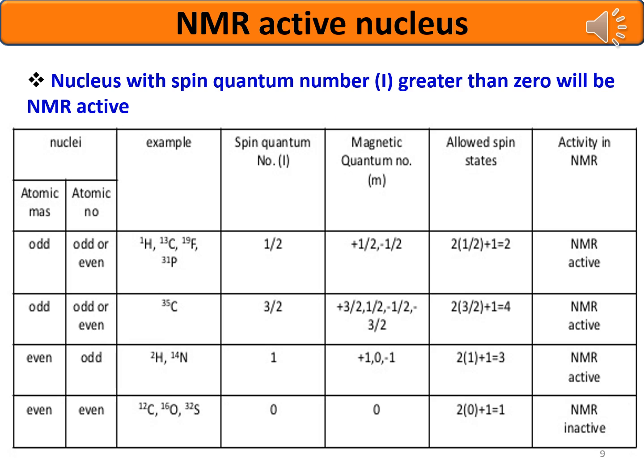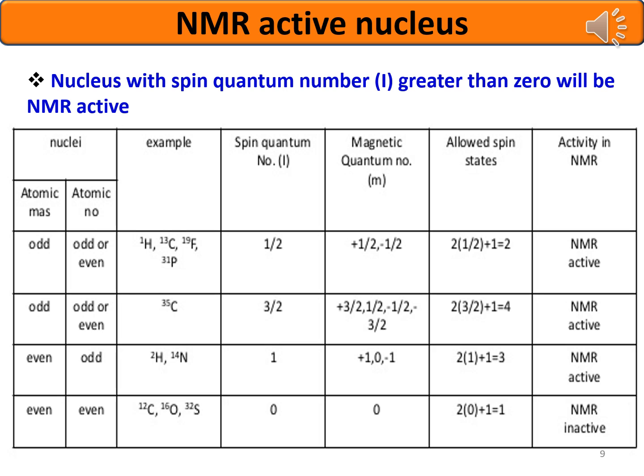Only those nuclei which satisfy the condition, that is, spin quantum number I greater than 0, will be NMR active. For example, nuclei with even mass number and even atomic number like C12, O16, sulfur 32 are NMR inactive.